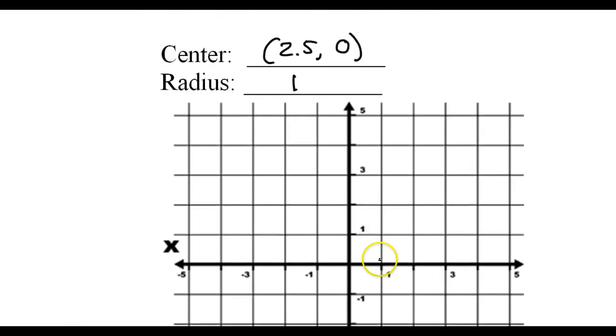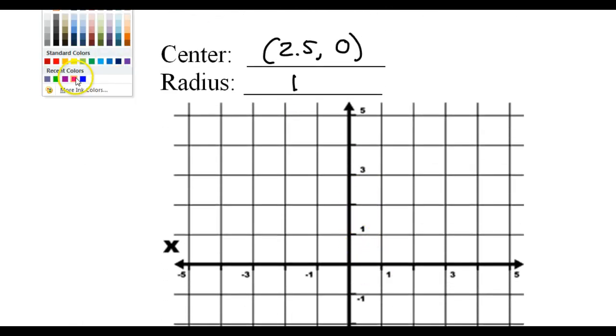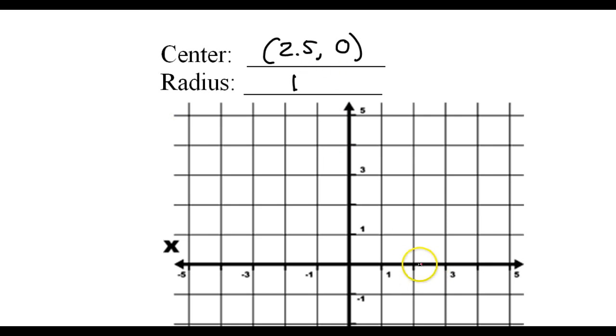Okay, so my center is at 2.5, so here's 2.5, and then comma 0, so it'll be right there on the line. And then my radius is 1, so that means I'm going to go up 1, down 1, right 1, and left 1.